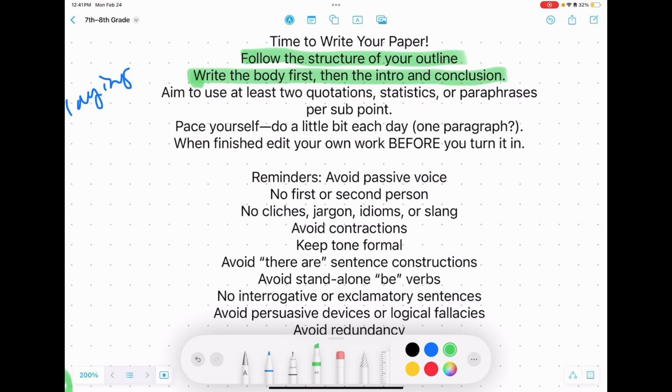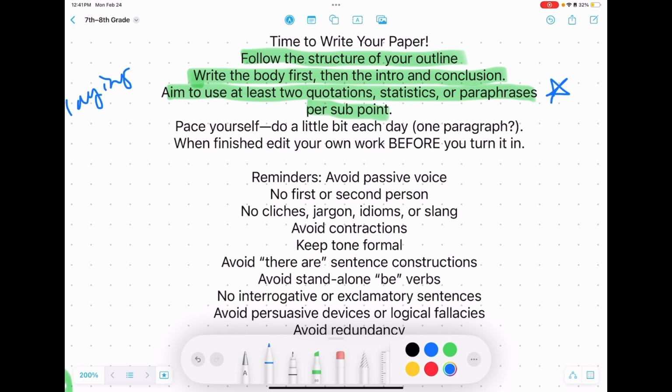Okay. Aim to use at least 2 quotations, statistics, or paraphrases per subpoint. Now, I'm going to come back to this in a second. I'm going to put a star there. But this is a good goal to have. These are the kinds of things you say.